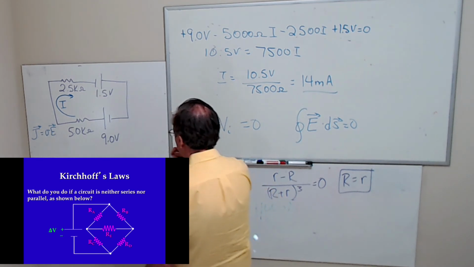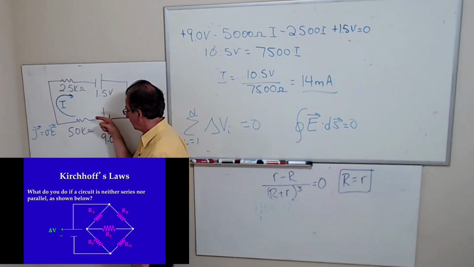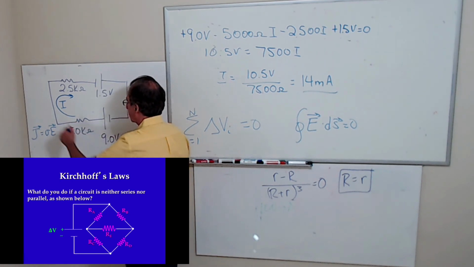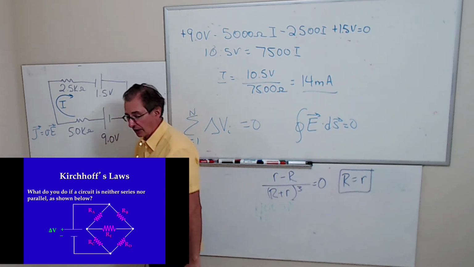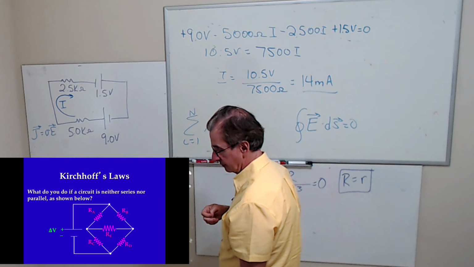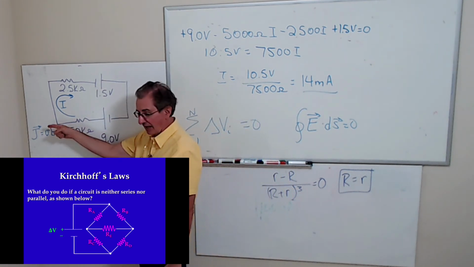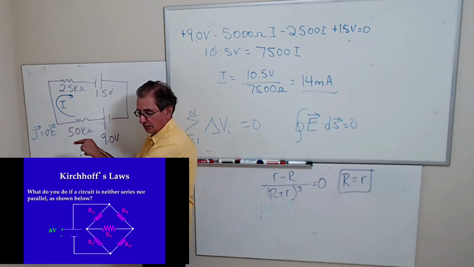So when I do this, I pick the current to be clockwise. The current is in the direction of the electric field. I should say the electric field is in the direction of the current. So electric field's that way. I'm summing in the same direction.